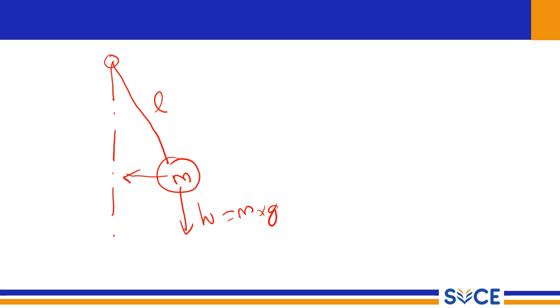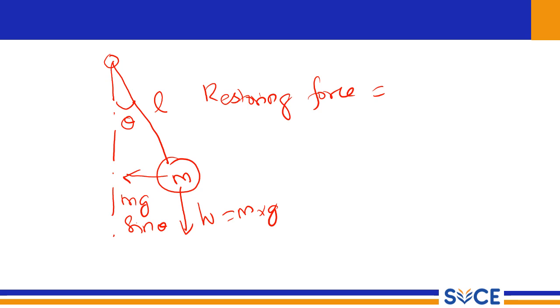What is this force when we resolve W? If the mass swings at an angle theta, then this will be equal to mg sine theta. So the restoring force for the simple pendulum is mg sine theta.